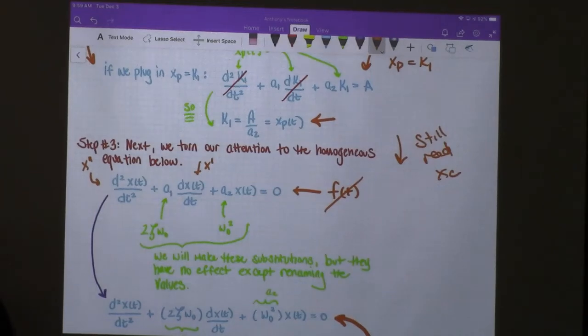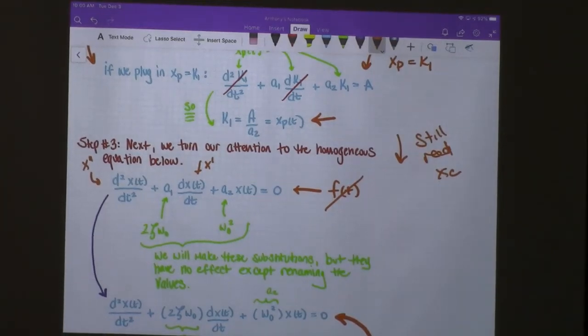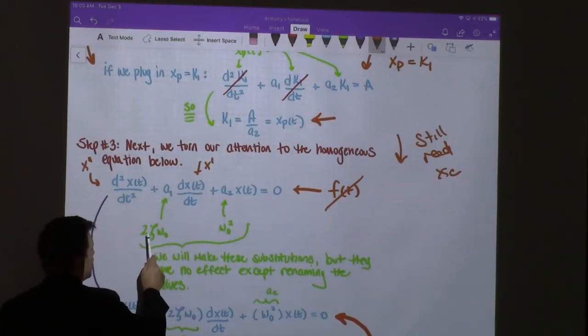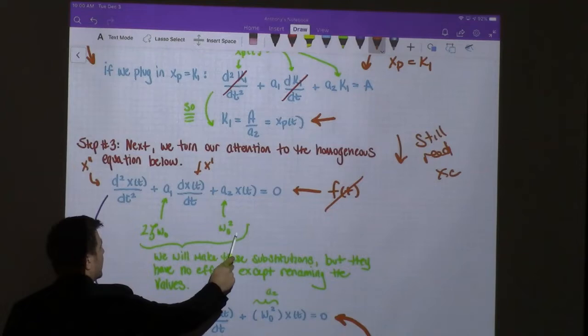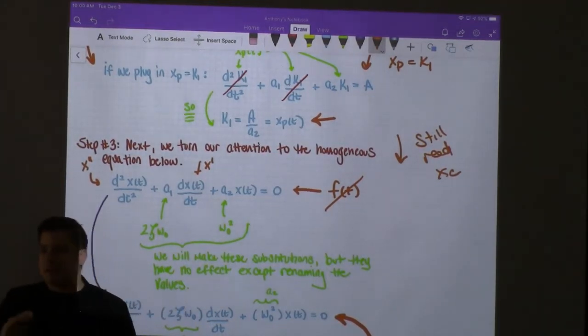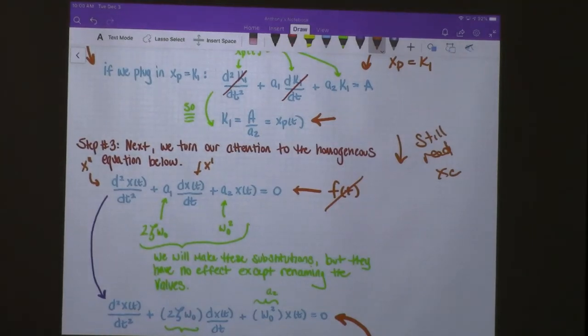In a second we're going to talk about what the meaning of those constants are, but we'll just refer to them by the symbols for now. So a1 is going to be 2 zeta omega 0, and a2 is going to be omega 0 squared. Just because both of these use omega 0 doesn't mean that they are inherently related in any way, because we have zeta, an additional degree of freedom. They can have any relationship between them that is dictated. It's just another way of referring to a1 and a2. Does that make sense?